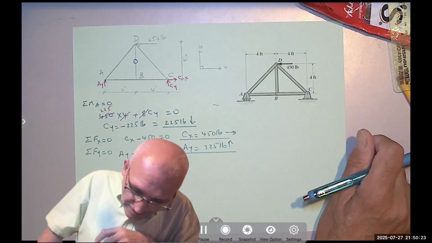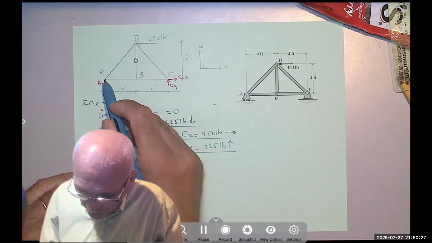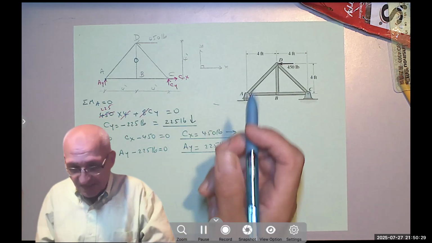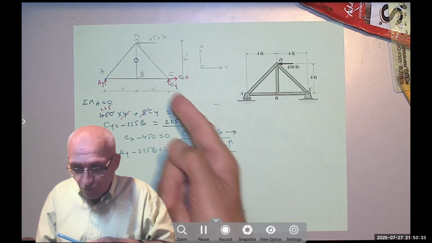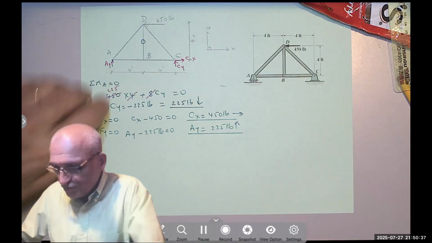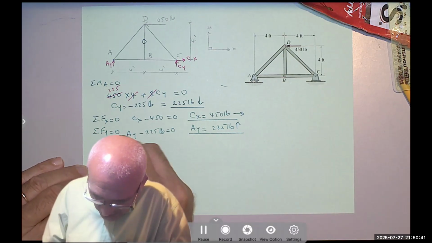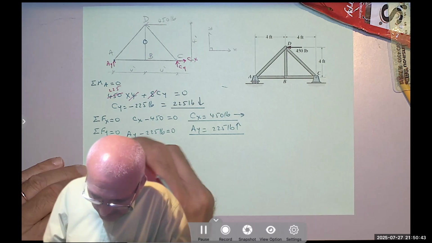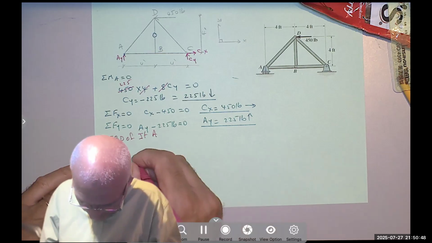Now that we know Ay, Cx, and Cy, I can start at A or at C. It doesn't matter because I already know two of the four unknowns. So let's say we are going to draw the free body diagram of joint A. What do we have at A?